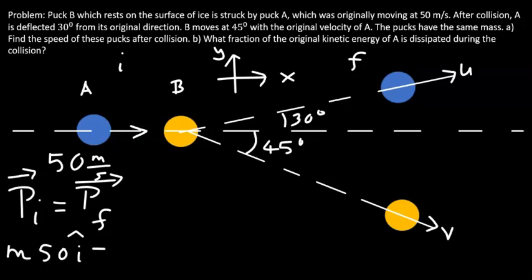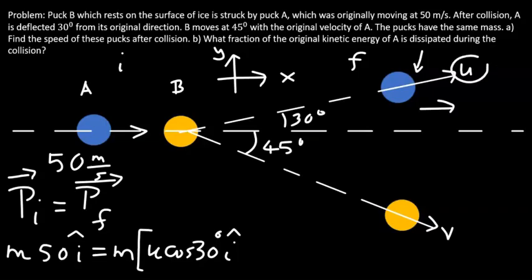Now let's look at the final state, where both the objects are moving. So let's look at A first. The mass is m. What is the velocity? Well, it's moving on the xy plane according to our setup of the coordinate system. So the x component of the velocity is quite simply u cosine 30 degrees i hat, because the x component of u is that way.